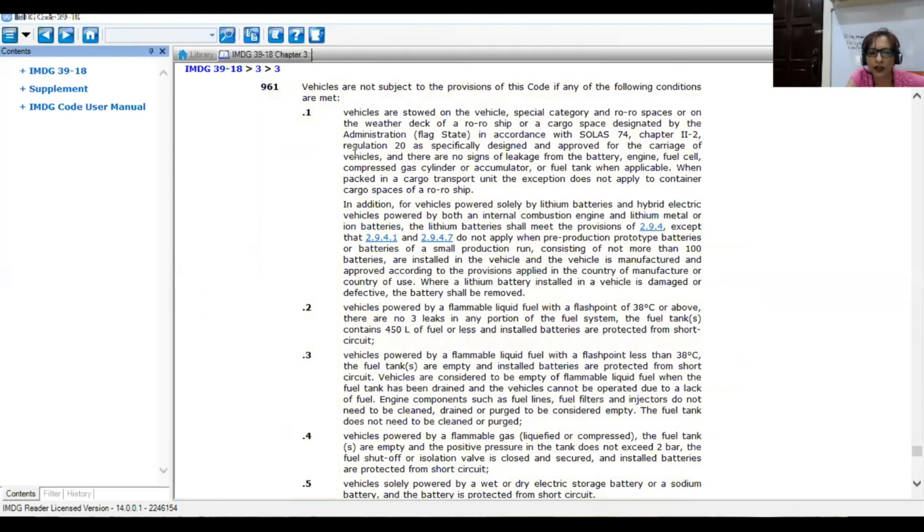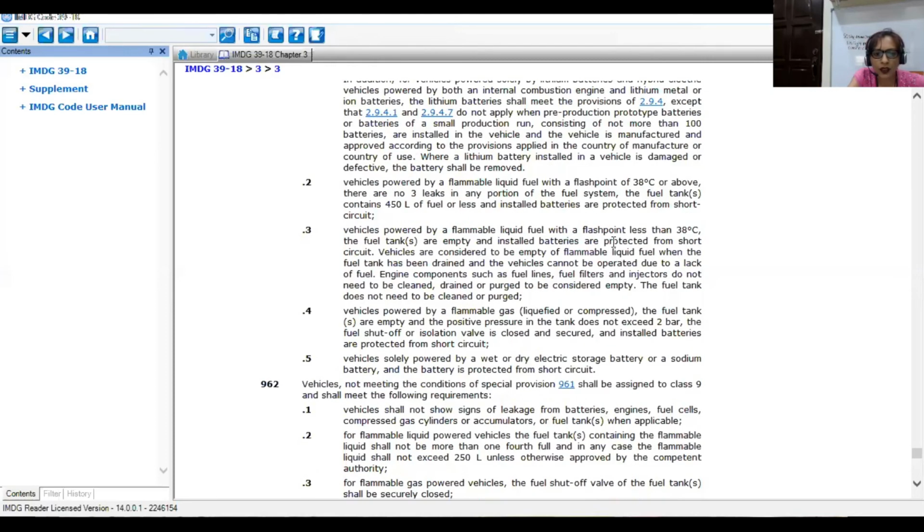One is if the vehicle is carried on a ro-ro ship. Two is if the vehicle uses diesel, because the flash point here is above 38 degrees. So the condition is no leaks, and the fuel tank has 450 liters or less. When it comes to 38 degrees Celsius and below, that means if you're using petroleum, then it must be empty.